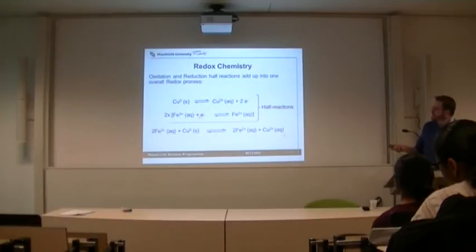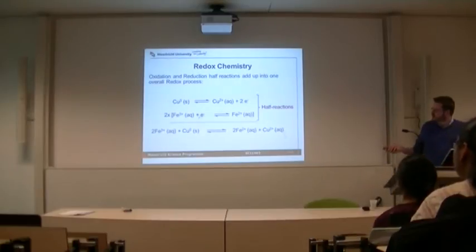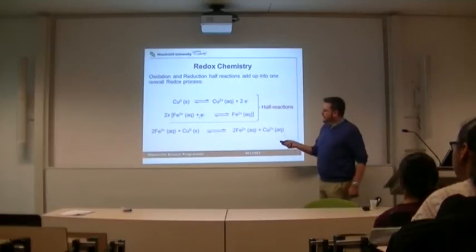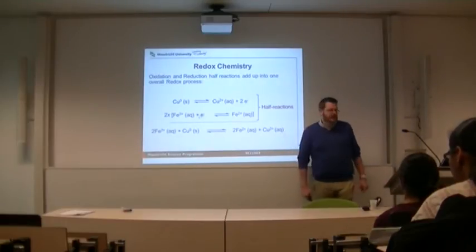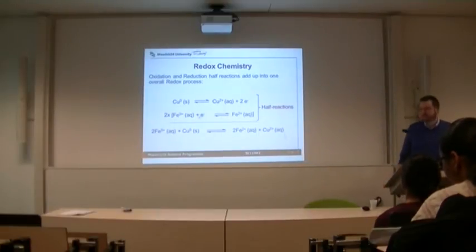So like we saw here. If we look at this half reaction, the coppers are balanced, so we just go to balancing in terms of charge. So you add 2 electrons there. And then you make sure that the electrons I'm generating in the oxidation half reaction are the same as the electrons I'm using up in the reduction half reaction. Are there any questions?